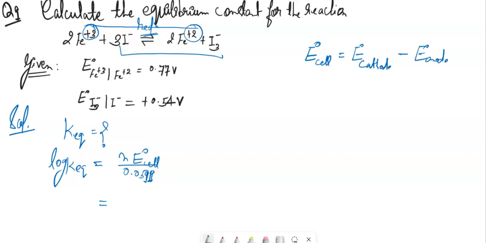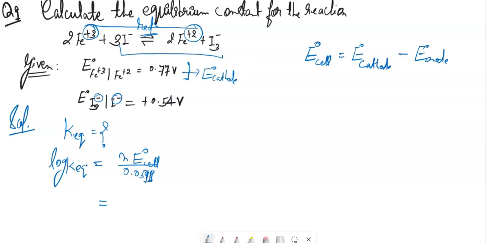You can see that this is Fe³⁺ to Fe²⁺, which means the reduction is going on, so this is the E naught of cathode, and this is the E naught of anode.